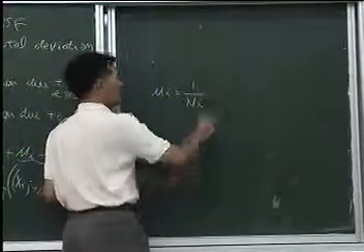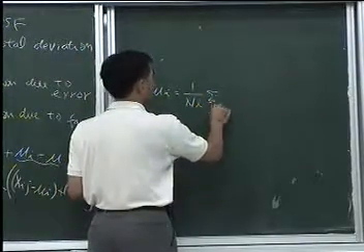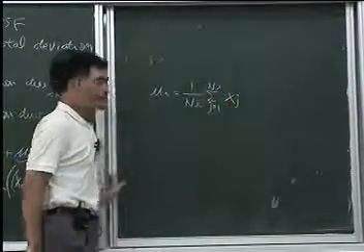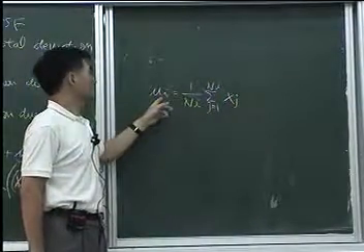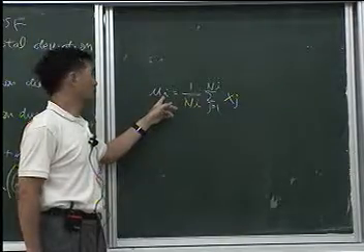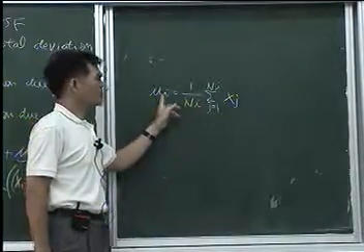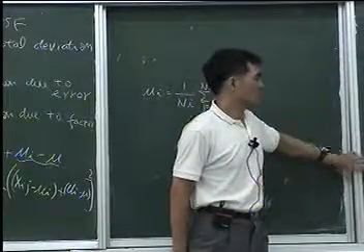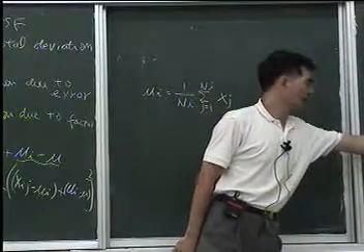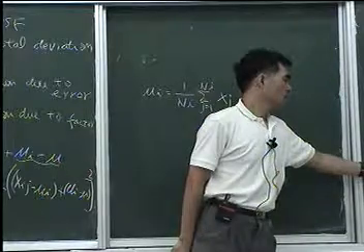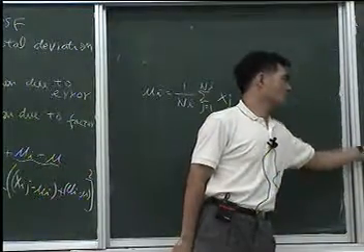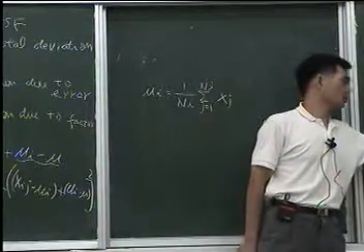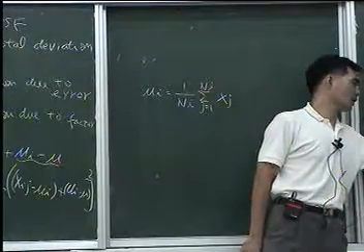1 over Ni summation j from 1 to Ni Xij, right? But here we are talking about a specific machine I. And now, the same thing we are talking about machine I, right? But in this case, we are not dealing with a specific I here. So here it is any individual I, right?